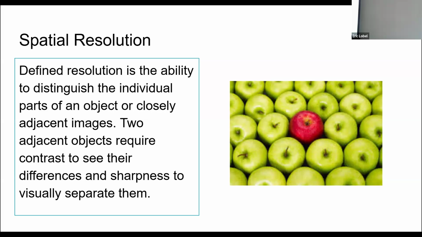If you're able to look at that sand and then say this grain is tan, this one's beige, this one's a little bit light brown, this is darker, this is lighter, etc. That's contrast resolution.